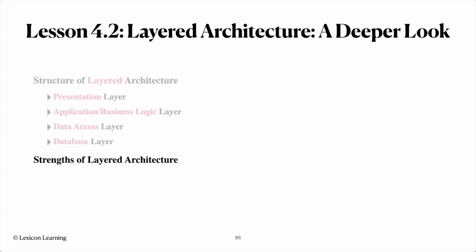The strengths of this architecture is like this: separation of concerns. Each layer focuses on a specific role, making the system easier to understand, develop, and test. Layers can be developed, updated, and replaced independently without affecting other layers.